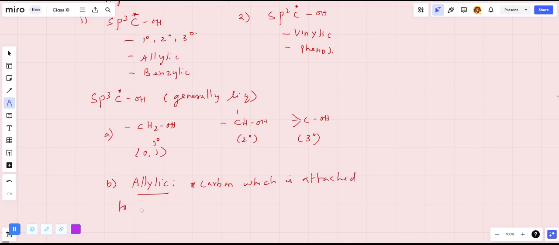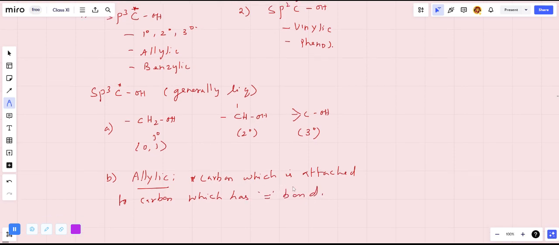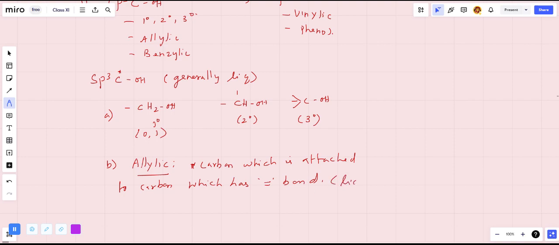This is also a liquid. For example, take CH2 double bond CH CH2OH.